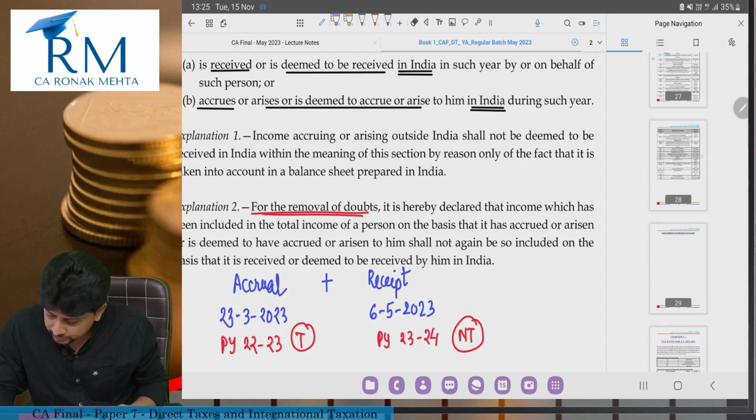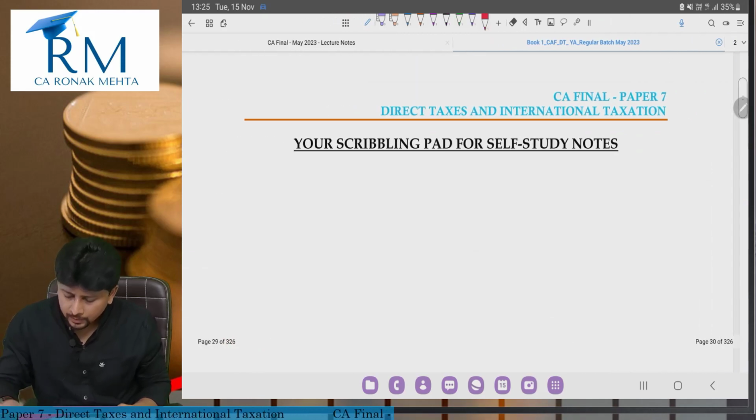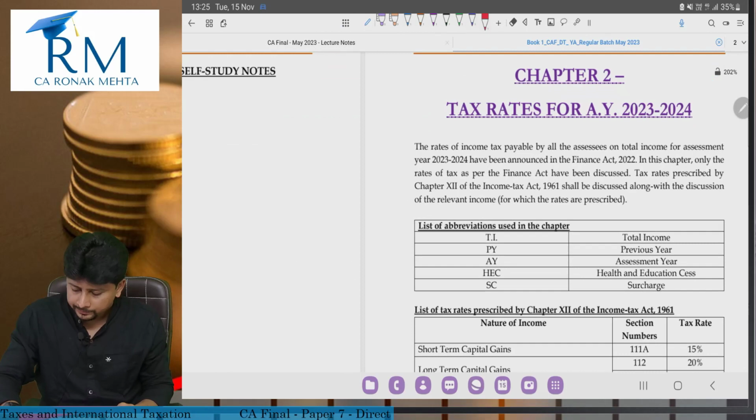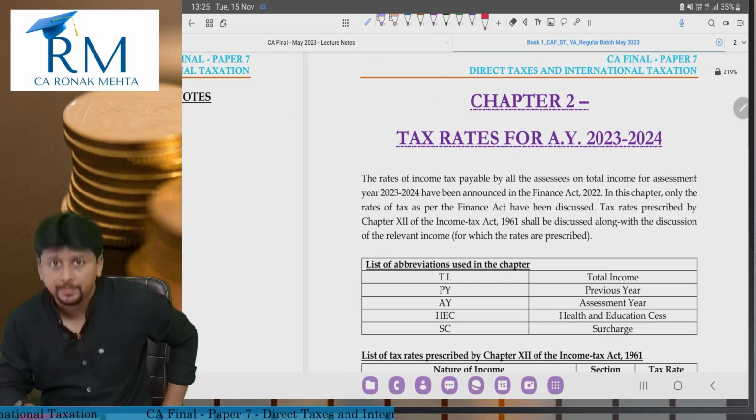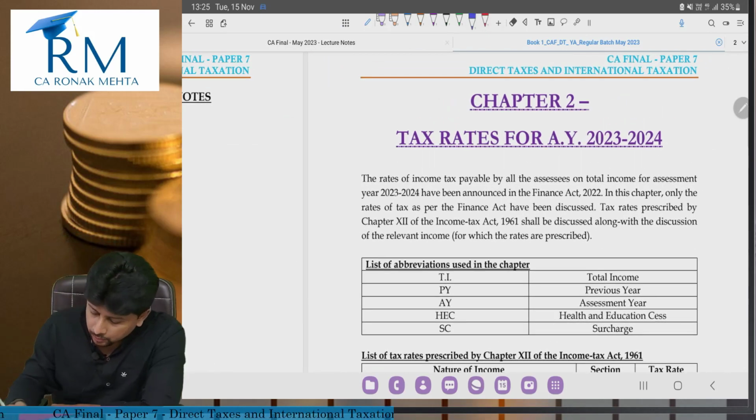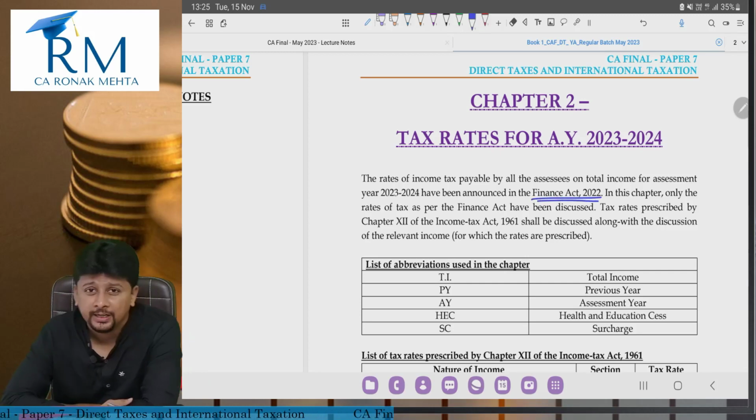Now, rates of tax. What we will be discussing right now are only those rates of tax that are as per the budget.